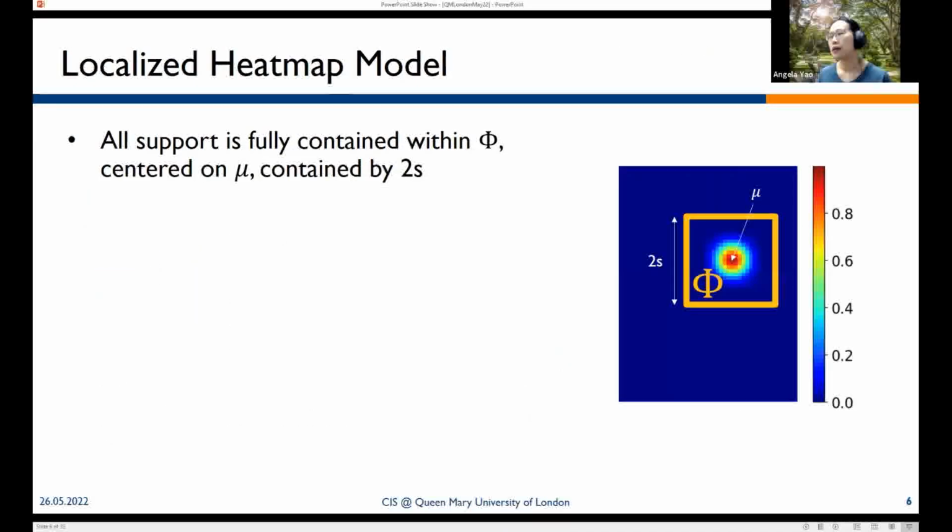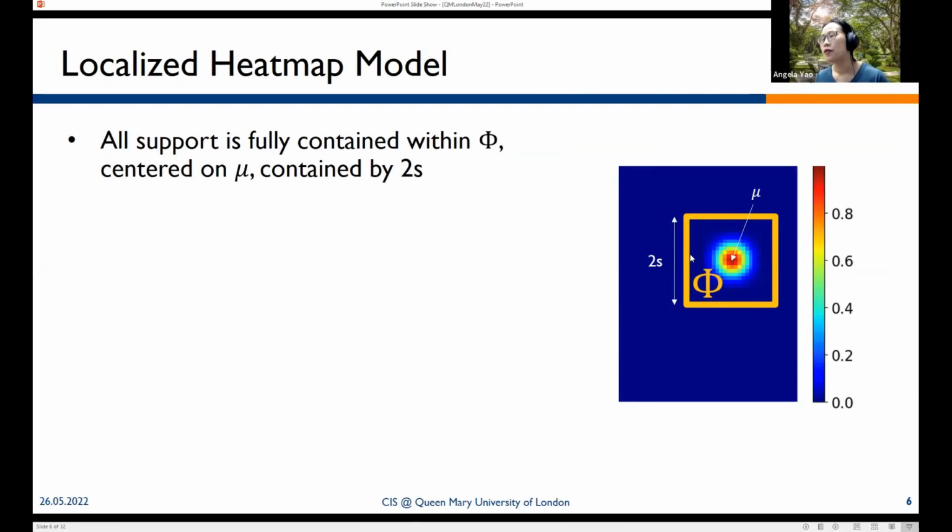We first started out by saying, let's create a model of this overall heat map, and then we can compare the differences between heat map detection and integral regression. We made some assumptions: because this heat map should represent a likelihood, the likelihood of that specific pixel being a certain joint, if the network is properly trained, the pixelized support for a specific joint should be fully contained within some area, which we call phi here.